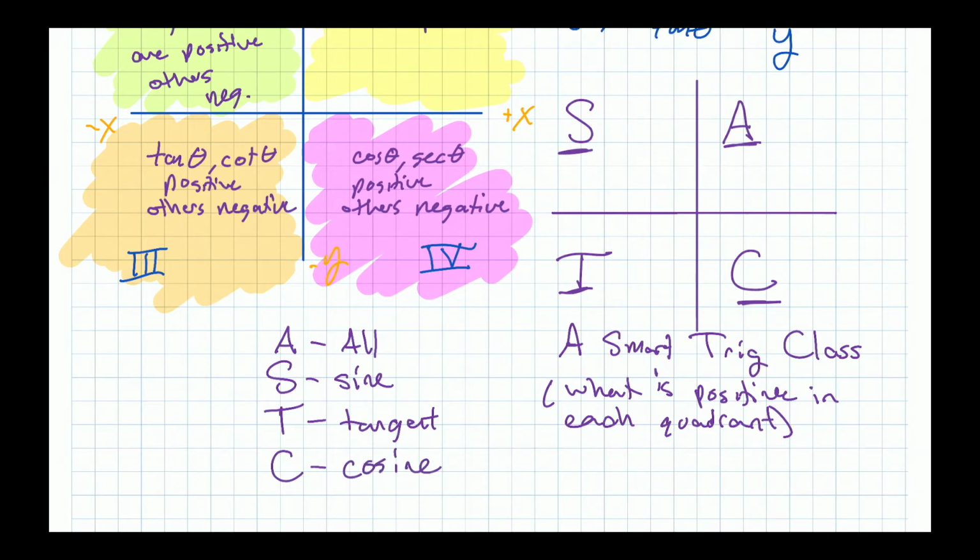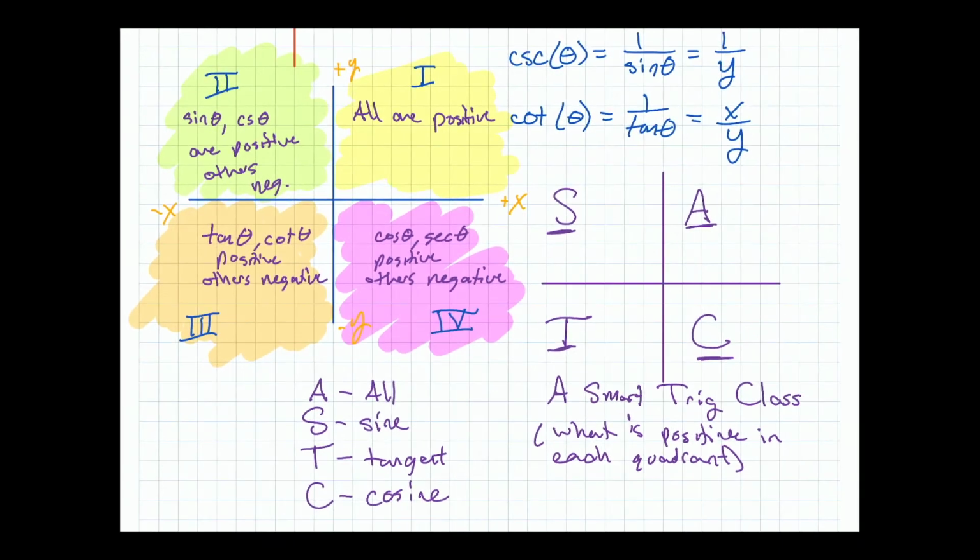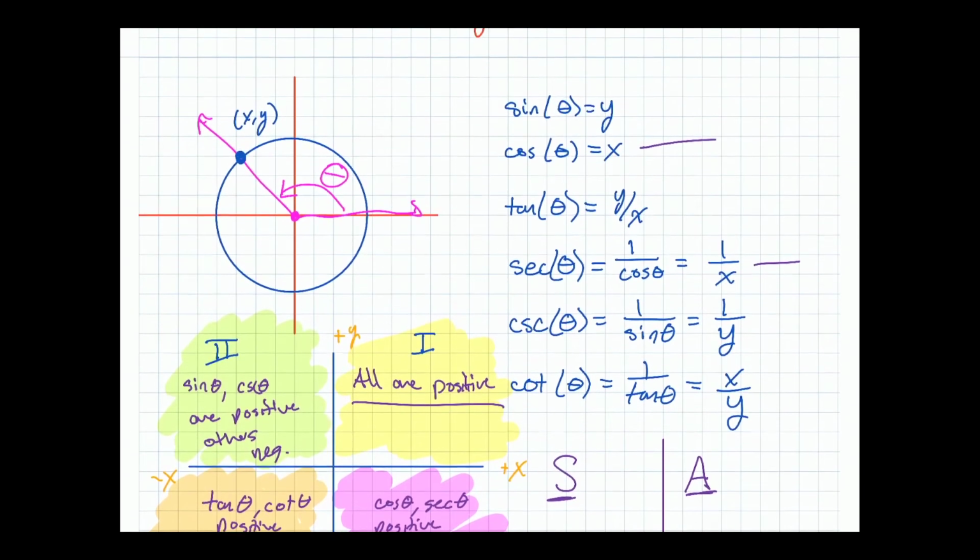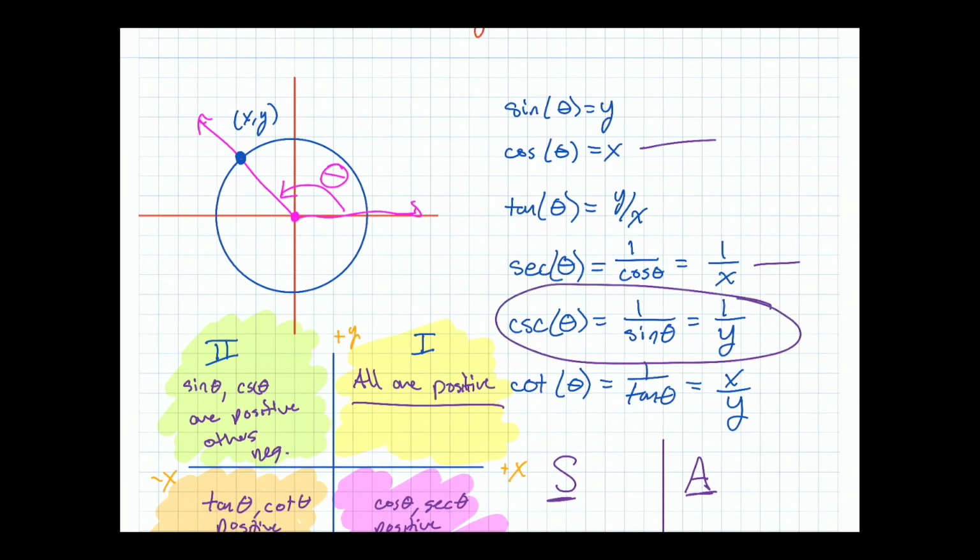Now, if you look at what we have here, that's not everything that's positive, right? They're all positive in quadrant 1. We know that. But in quadrant 2, it's not just the sine that's positive. It's the sine and the cosecant that are positive. But the reason that's true is because the cosecant and the sine are very closely related, because the cosecant is just 1 over the sine.